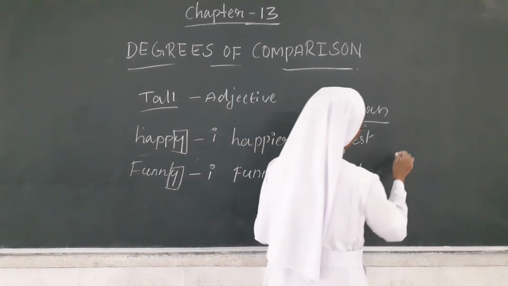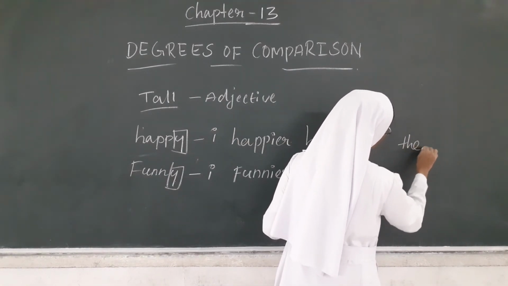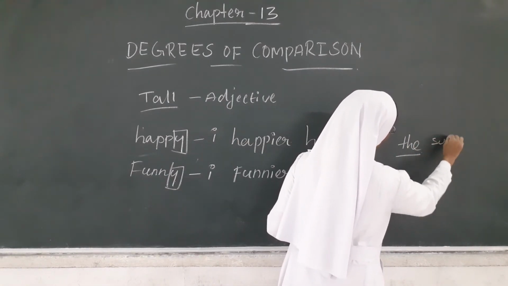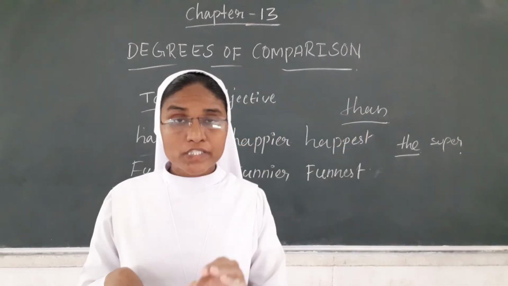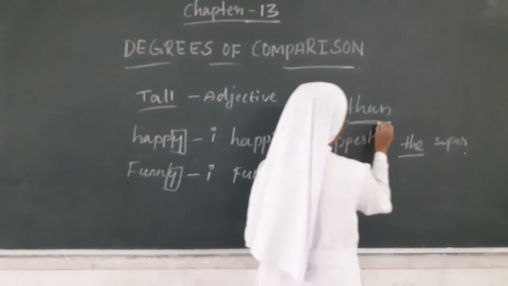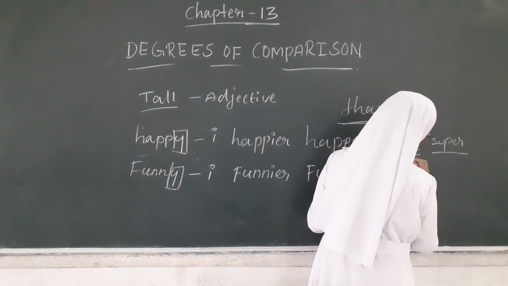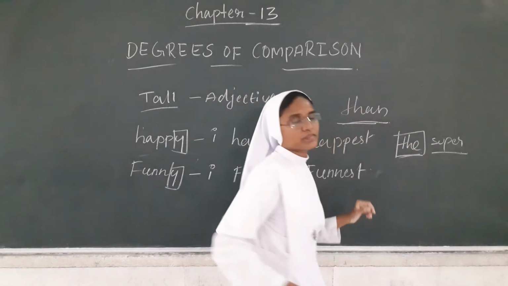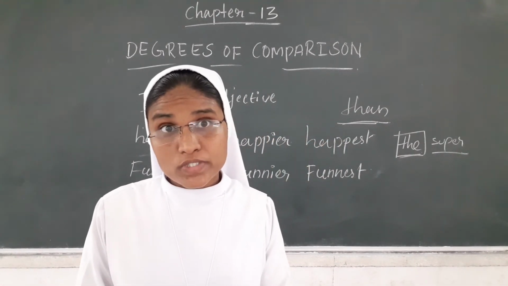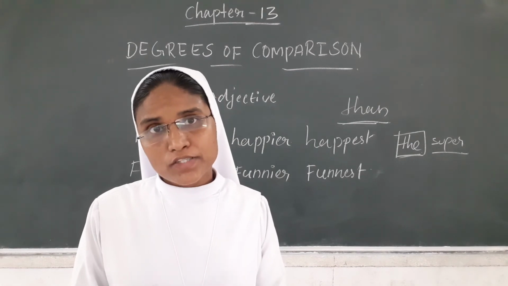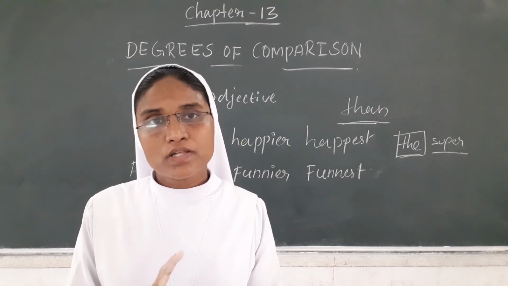So the should be used before the superlative degree. Did you understand? When we use the comparative degree, we use than, and when we write the superlative degree, we use the. This should be kept in mind.